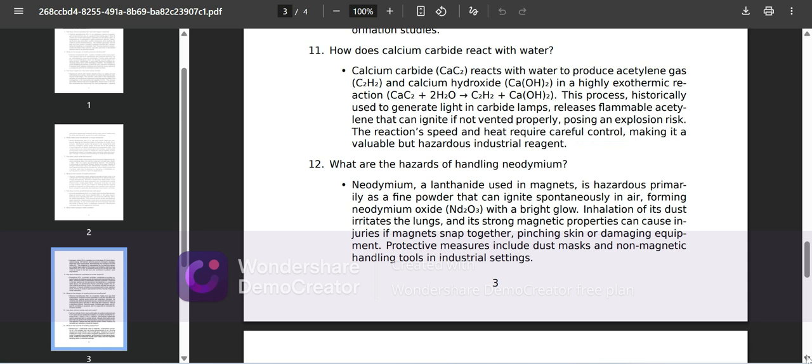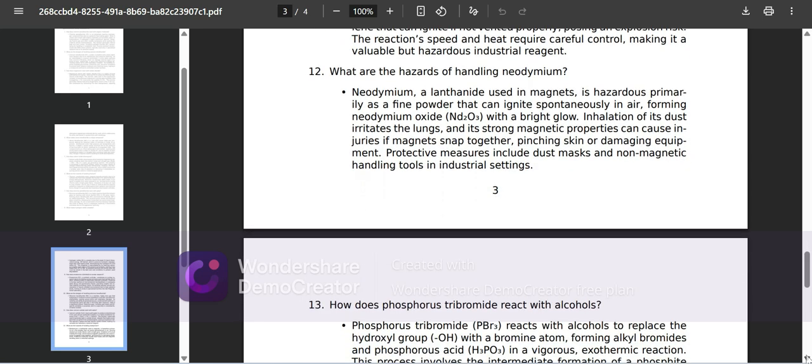What are the hazards of handling neodymium? Neodymium, a lanthanide used in magnets, is hazardous primarily as a fine powder that can ignite spontaneously in air, forming neodymium oxide, Nd2O3, with a bright glow.